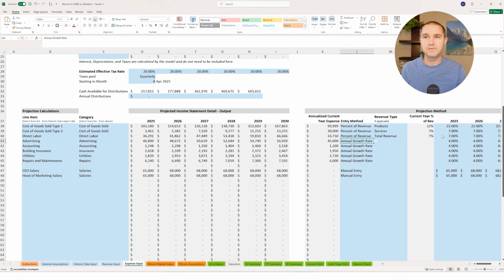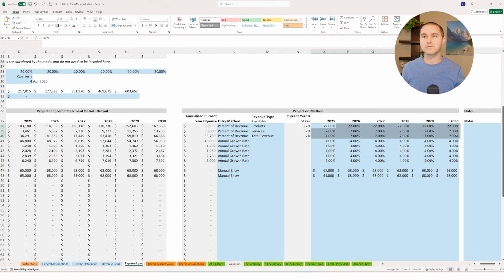And maybe this line item, direct labor, has been 7% of total revenue. And so we can say going forward, we want these expenses to keep that same percentage of revenue. So instead of just applying an annual growth rate, these expenses will automatically scale as a percentage of revenue. So as your revenue scales, so does your cost of goods sold, for example.